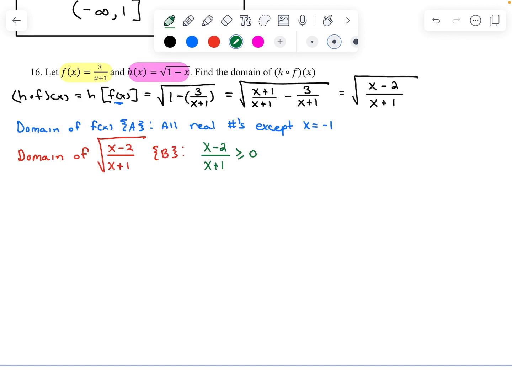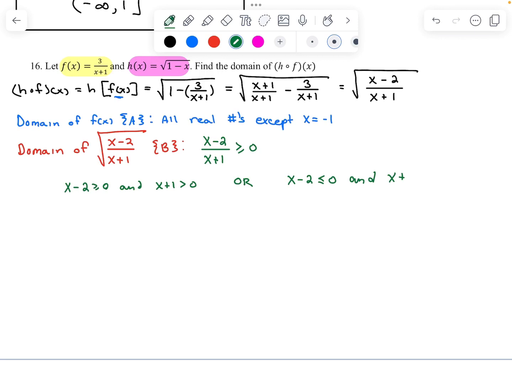The first way to get a positive answer is if the numerator is positive and the denominator is positive. The other way to get a positive answer from dividing two numbers is if the numerator is negative and the denominator is also negative.